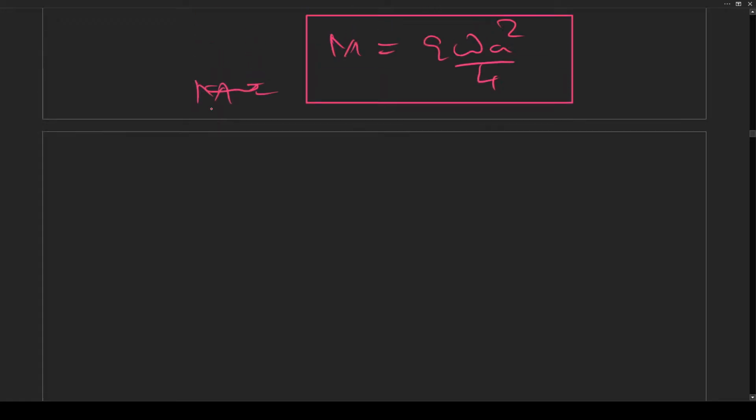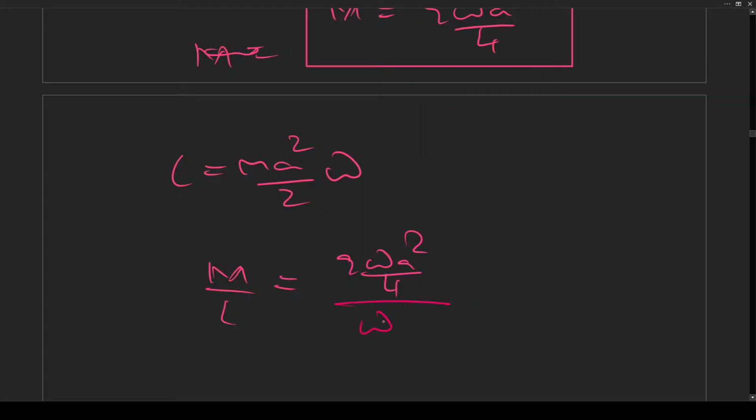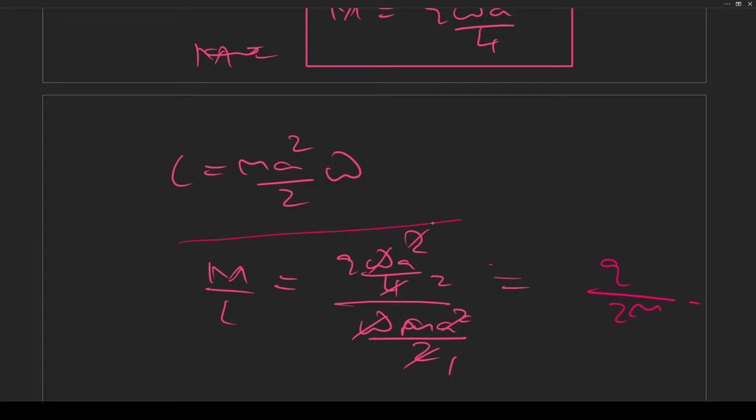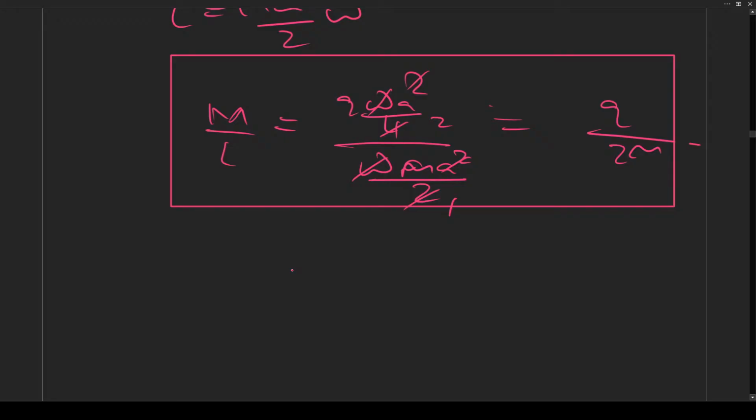The angular momentum of the disk about its axis is L, which is equal to m a square by 2 times omega. Then if we take the ratio of M by L, we will get q omega a square by 4 divided by omega m a square by 2, where the 2 and 4 reduce, omega cancels, a square cancels, giving q by 2m. Similar to our previous question, we got the ratio of magnetic moment and angular momentum to be q by 2m.